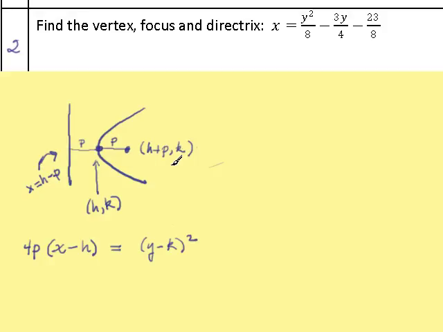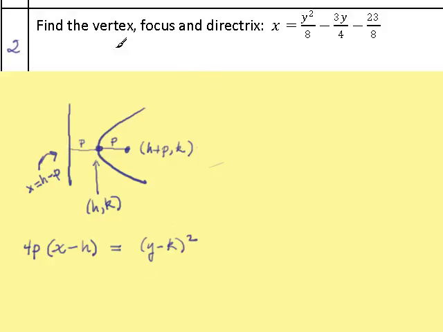Now, if this parabola opens left, then p is negative, but everything else holds. We still have h plus p and h minus p, just p will be negative. And this is the standard form for the equation of a right-left parabola.